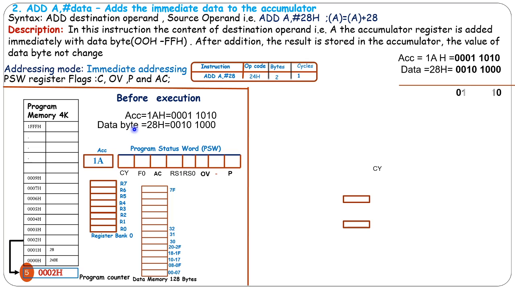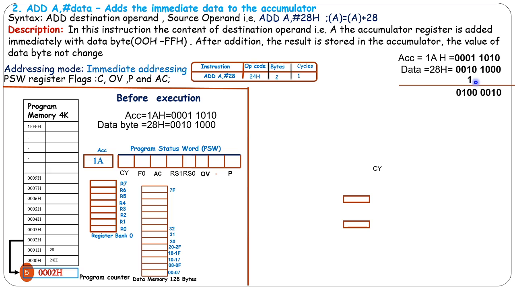After execution, when the execution takes place, 0 plus 0 is 0, 0 plus 1 is 1, 0 plus 0 is 0, 1 plus 1 is 0 and a carry is generated.